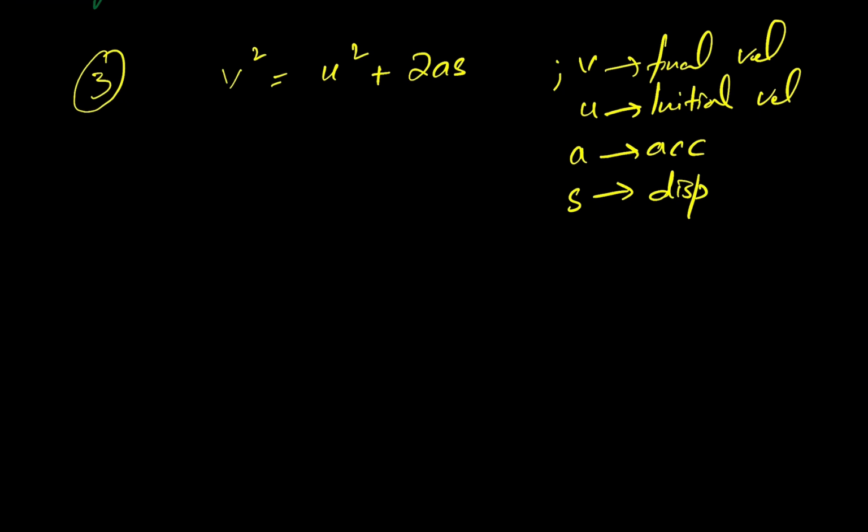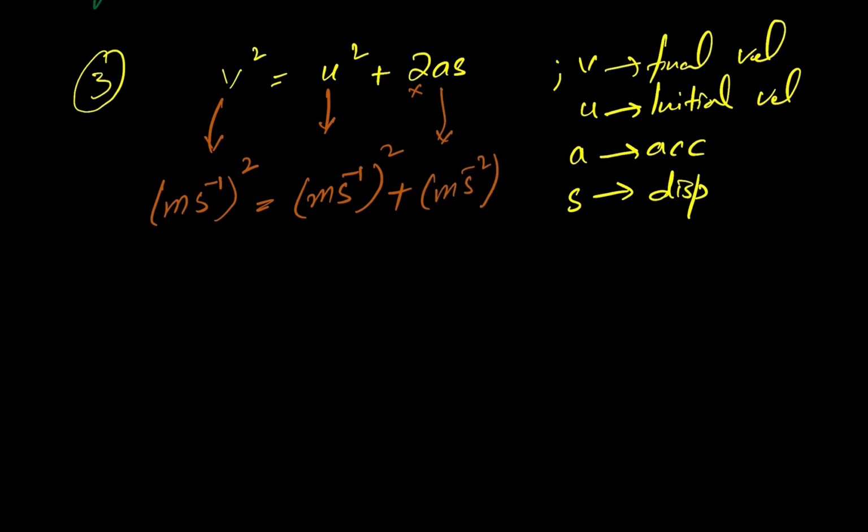Okay, so let's begin. V is meter per second and there is a whole square. Okay, u is meter per second, there is a whole square, plus 2 will not have any unit. For a it is m s^-2 and for s it is m.